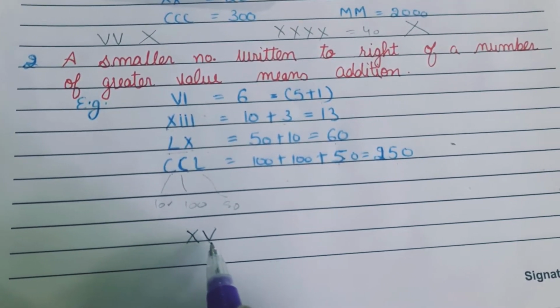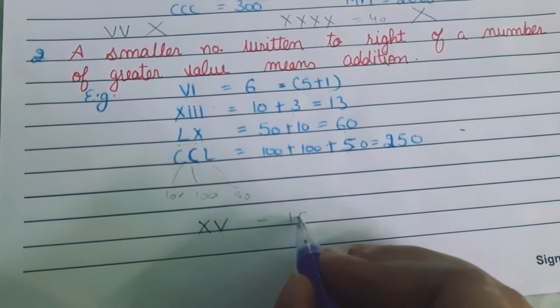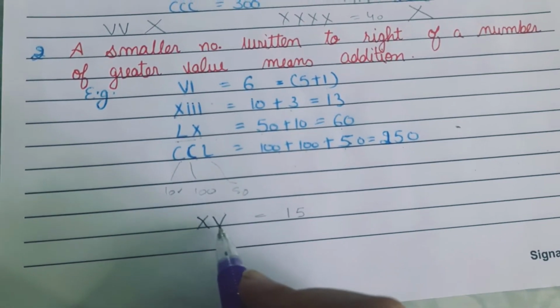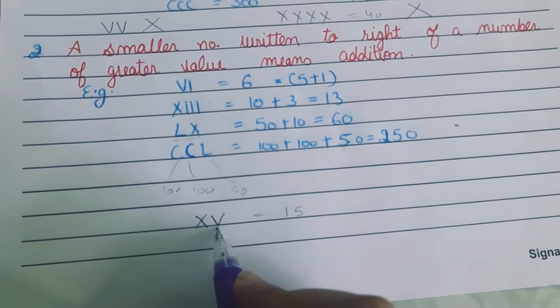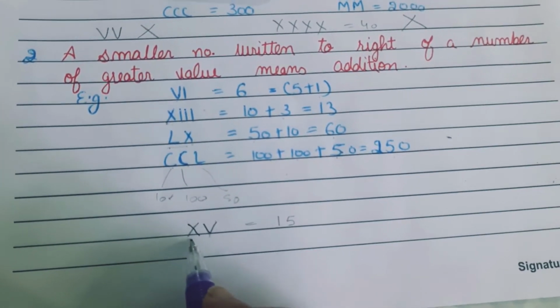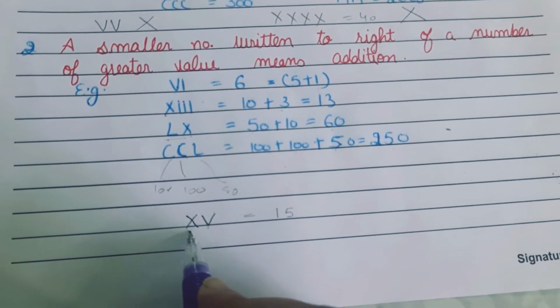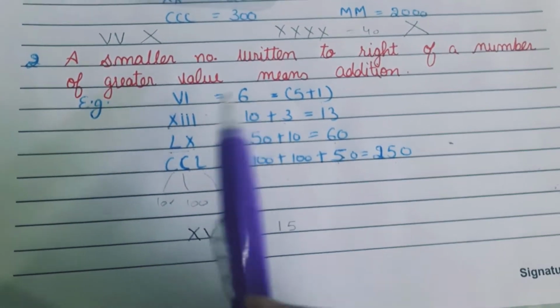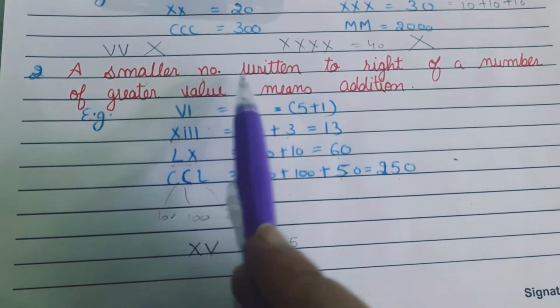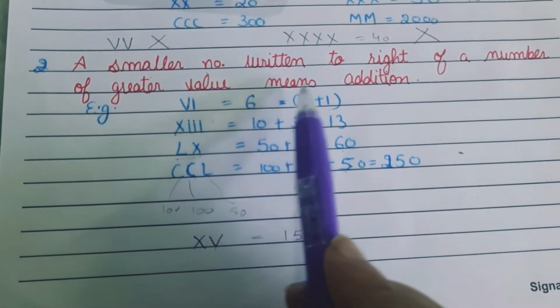Okay students, here I write X and V, which equals 15. Now see here, V is the smaller number and it is written on the right hand side, and X is the greater number, written on the left hand side. So according to our rule, a smaller number written to the right of a number of greater value means addition.